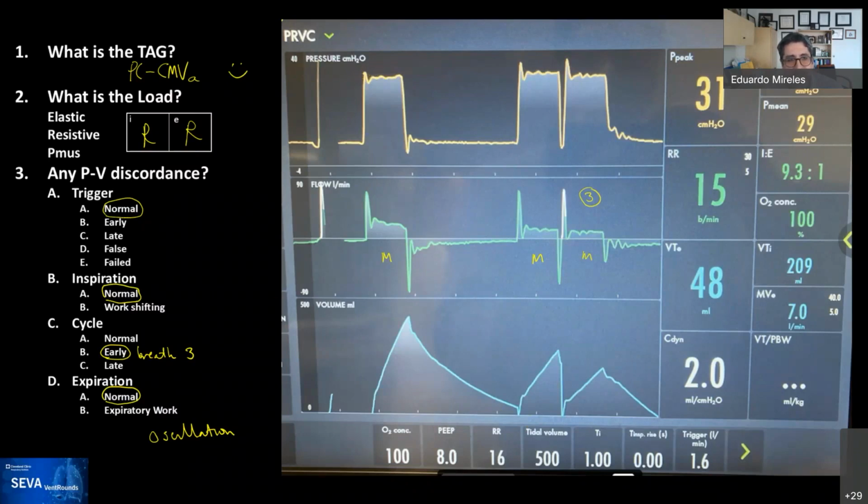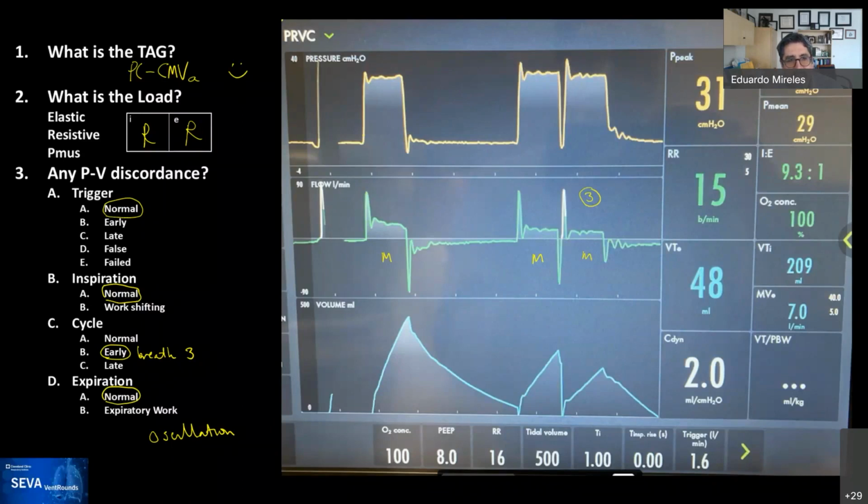So there's a big delta here of pressure that is being generated from PEEP all the way up, and this delta, this change in pressure, is going to determine the height of your peak flow.